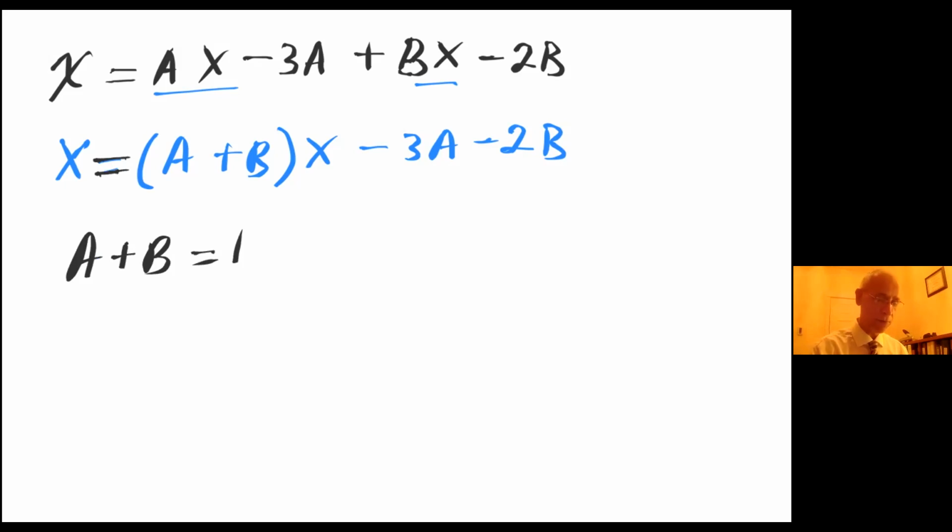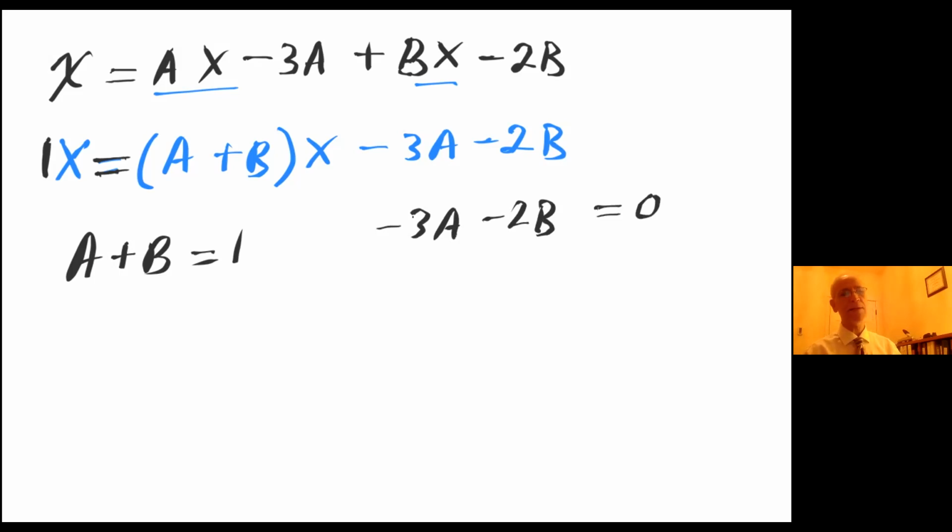So if the coefficient here is 1, then A plus B must be 1. That's the only way this equation holds true. And how about minus 3A minus 2B? Well, that must equal 0 because I don't have any numbers dangling on the left-hand side. There's nothing in there besides the x.